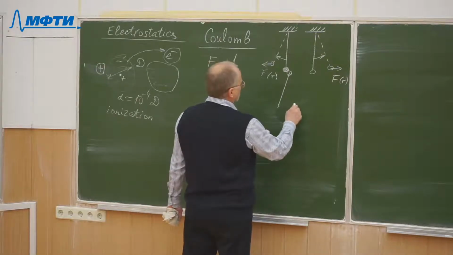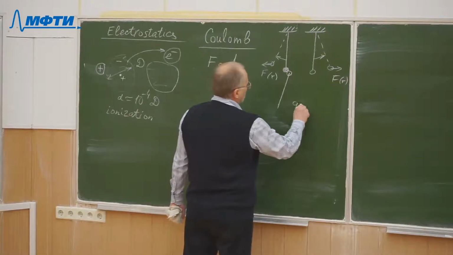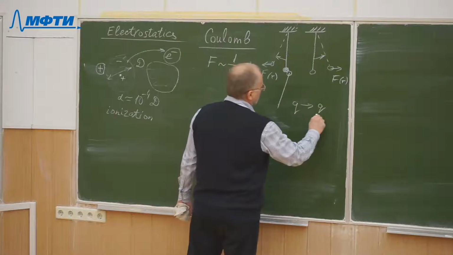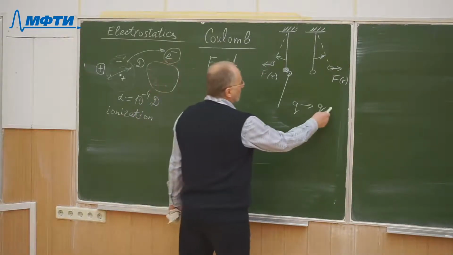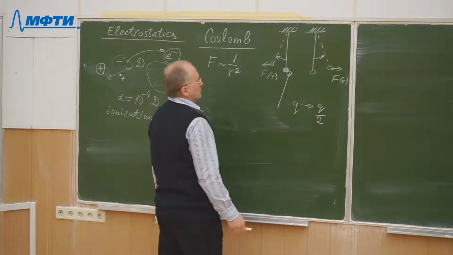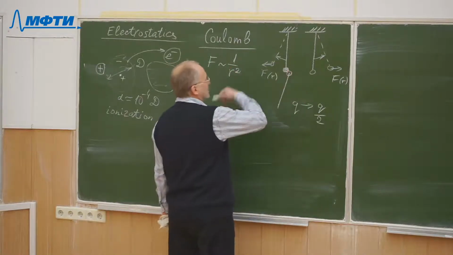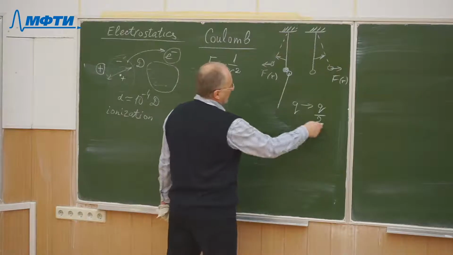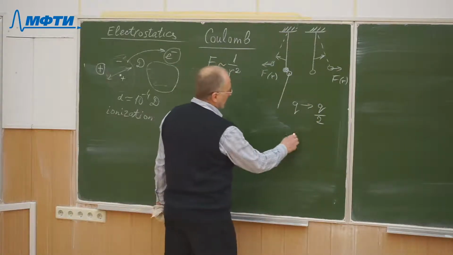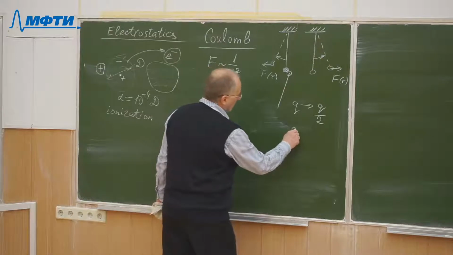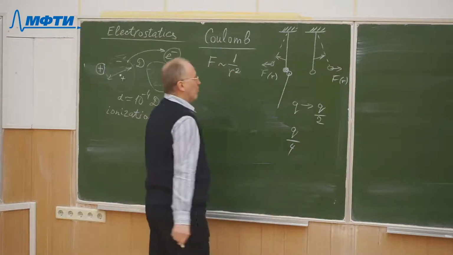So the original charge, say Q, will be divided, and we will have charges Q over 2. And then the ball with the charge Q over 2 may be touched again with some other similar ball, and another act of division of charge will take place, and we will obtain charge Q over 4.